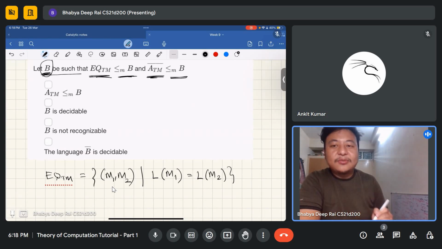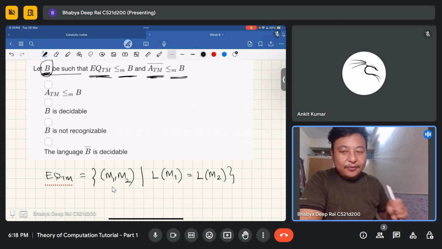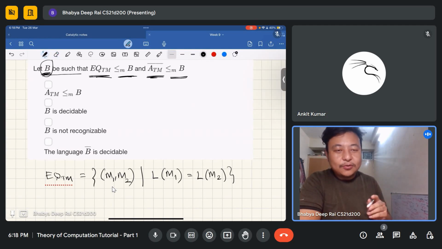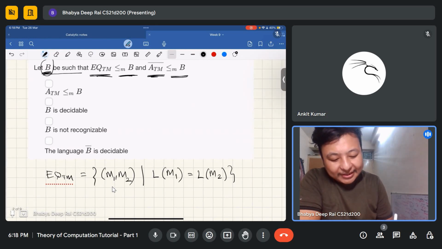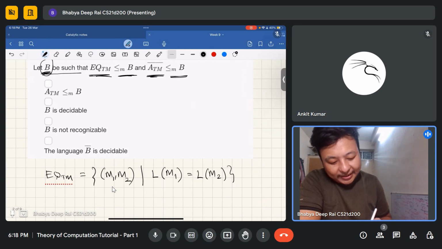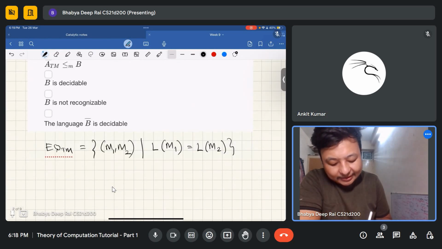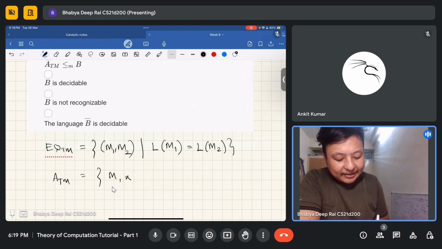In terms of a decision problem, the input is two Turing machines, and we want to check whether the languages of the two machines are the same or not. That is EQTM. Now, what is ATM bar? First, we'll look at ATM, because it's just a complement of ATM. ATM is: given a machine M and an input X, does M accept X?